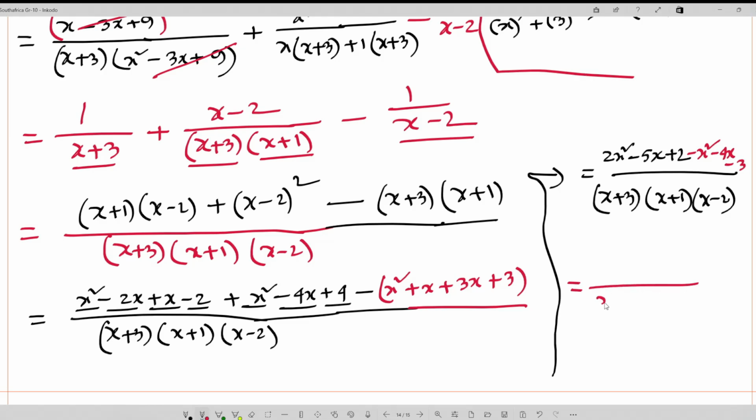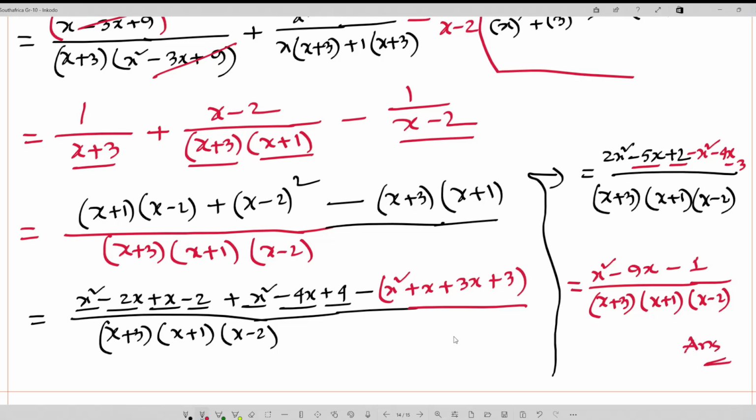So now x plus 3, x plus 1, x minus 2, and here 2x square minus x square, so x square, right. Then minus 4x minus 5x, so minus 9x, plus 2 minus 3, so it will be minus 1, and this is our answer.